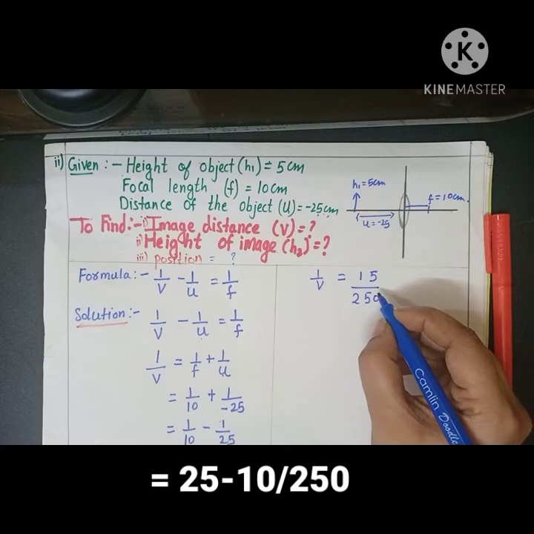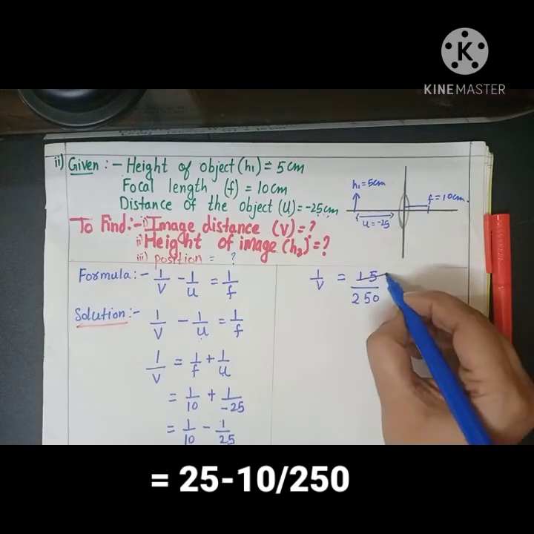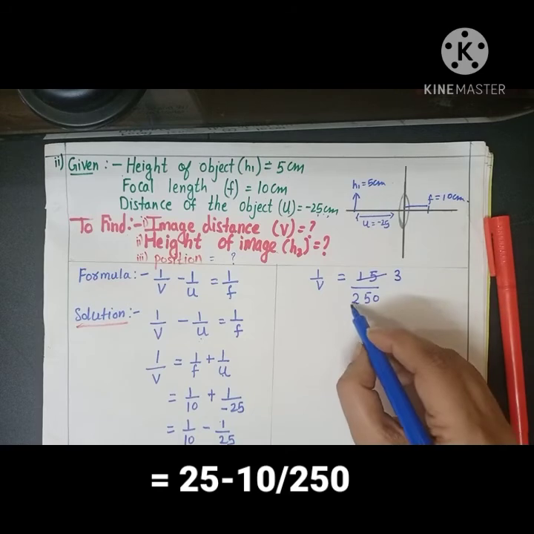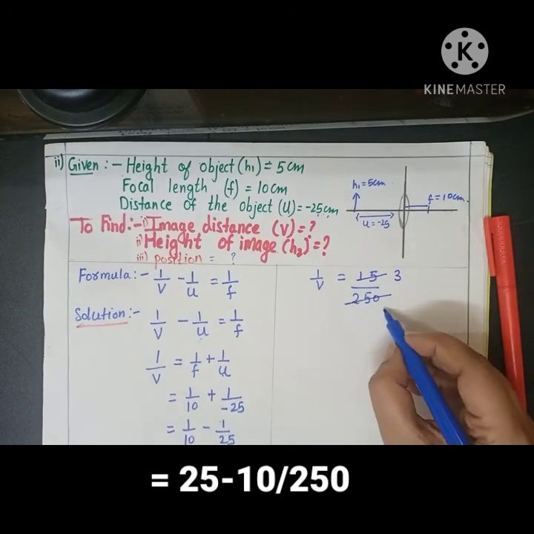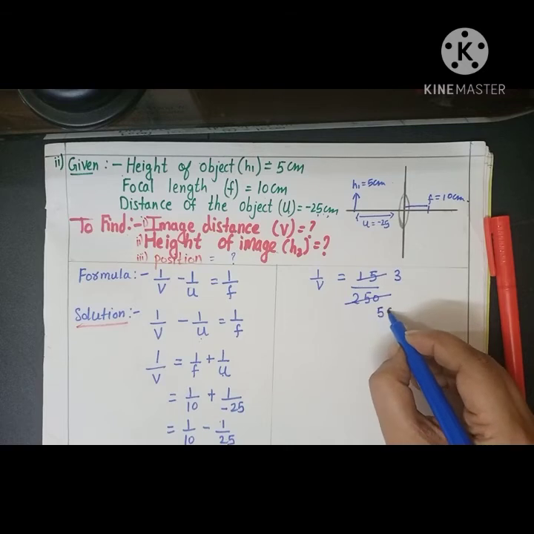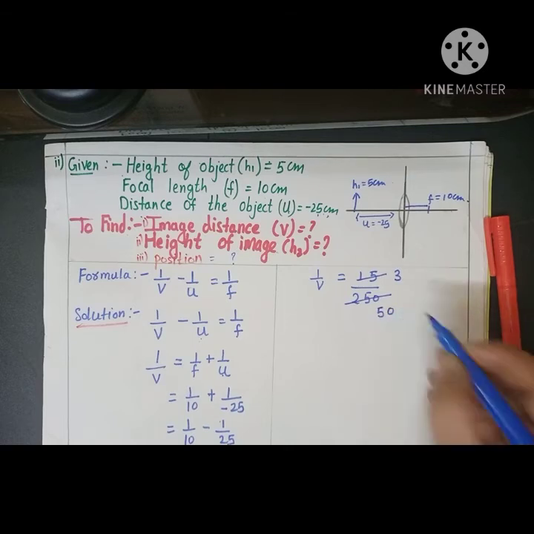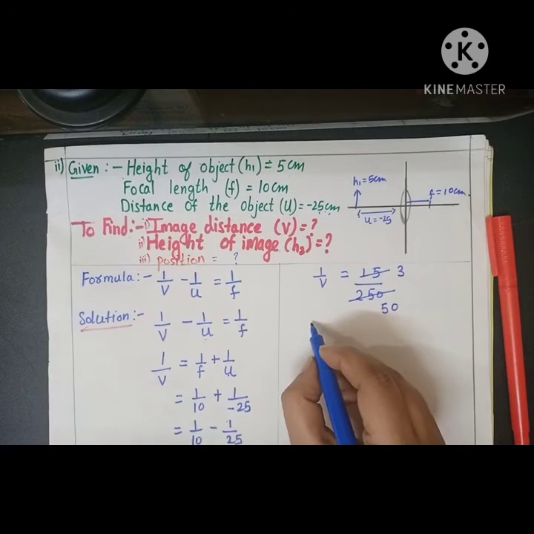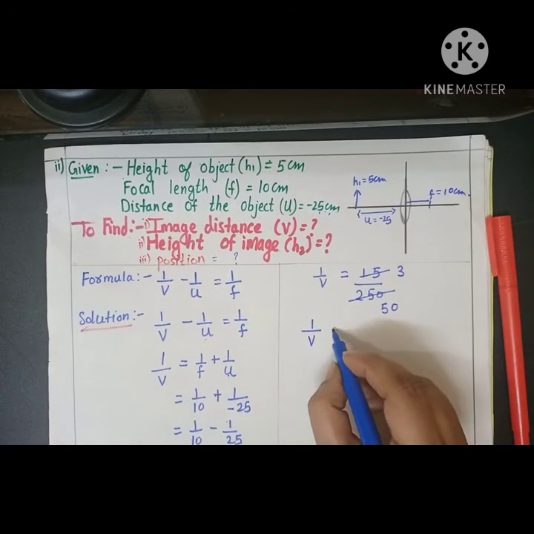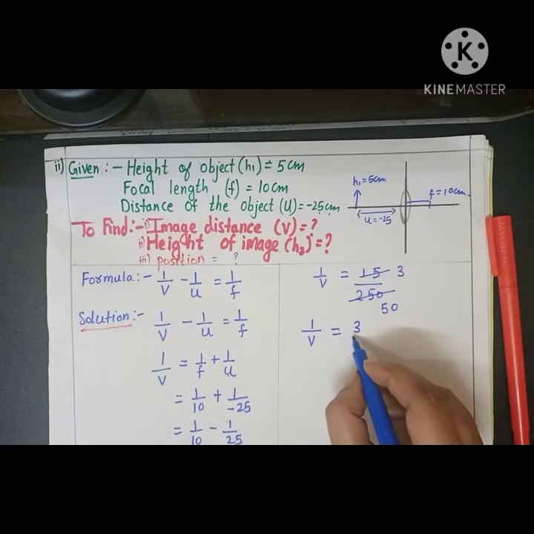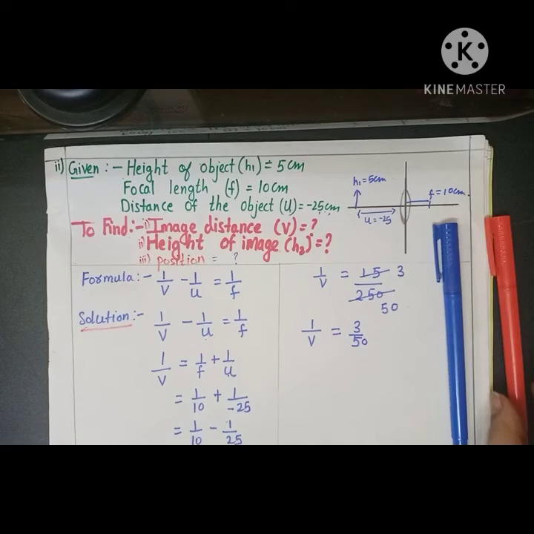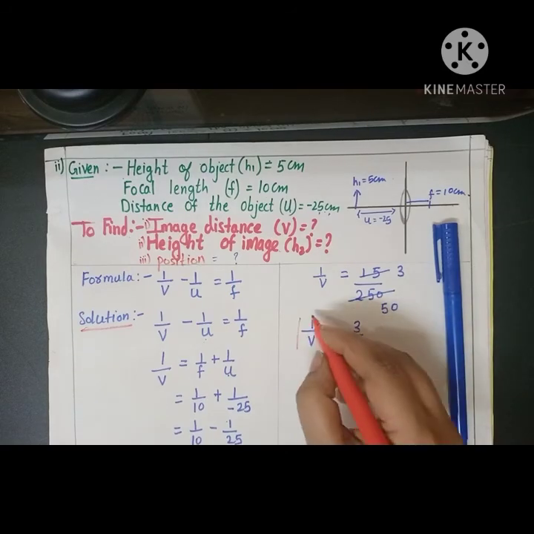Student, when you all will cancel, you will get 5 3s are 15, 5 5s are 25, 5 zeros are 50. So you all get 1 upon v is equal to 3 upon 50.